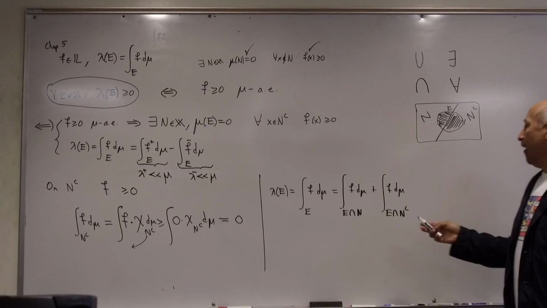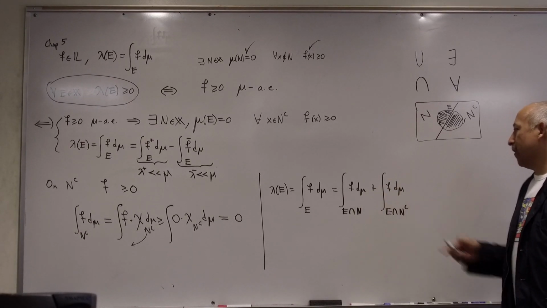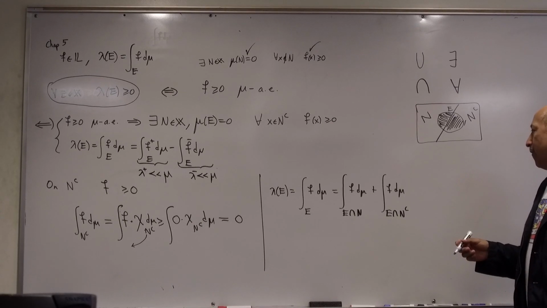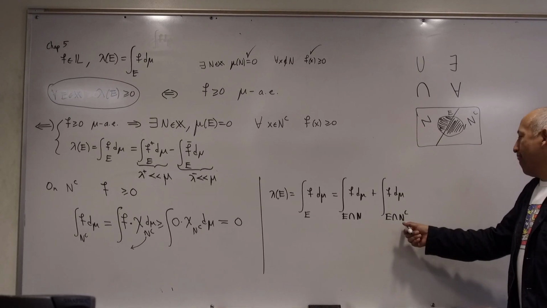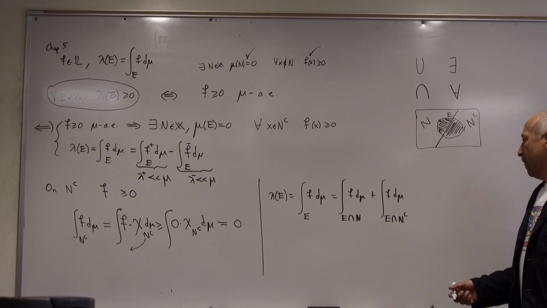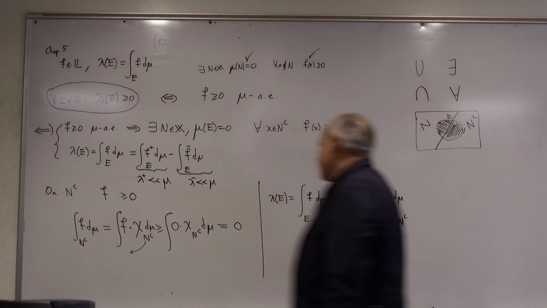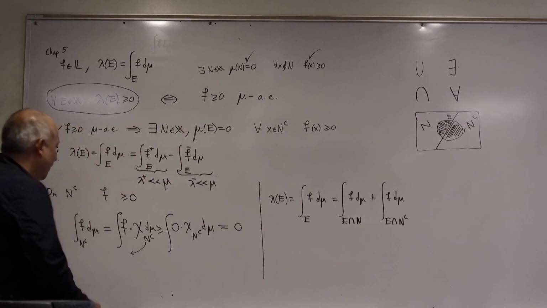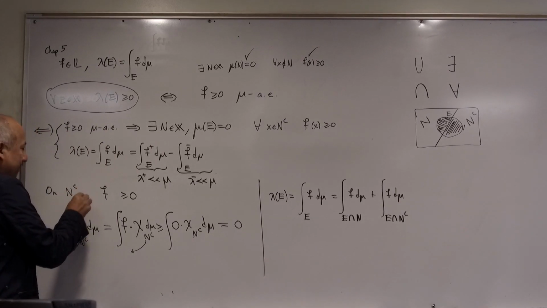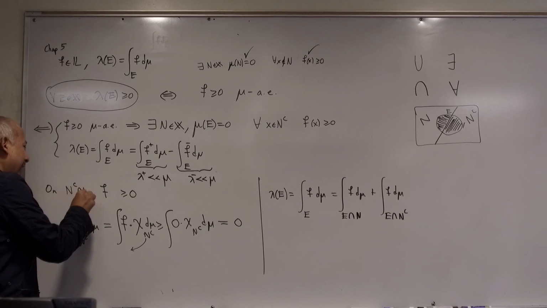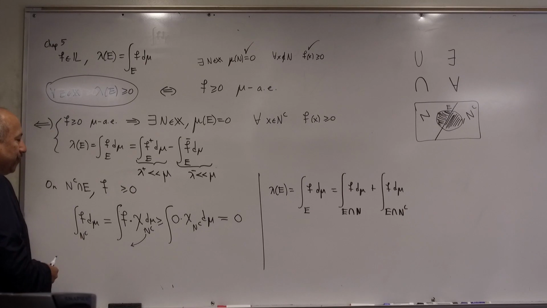I am claiming that one of these integrals is greater than or equal to 0. Which one is greater than or equal to 0? This one, right? Oh shoot. So maybe I should have done it on N complement intersection E, you see what I mean, guys? On N complement intersection E, what happens for sure? F is greater than or equal to 0, right?